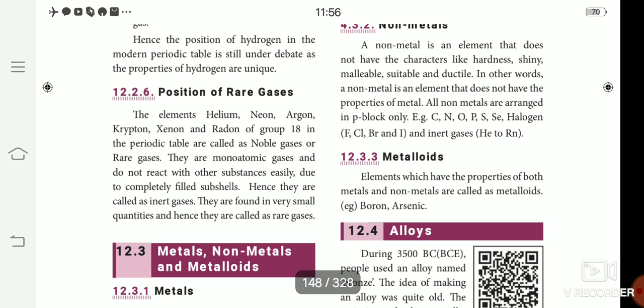These metals are very hard and shiny, malleable, fusible and ductile, with good electrical and thermal conductivity.